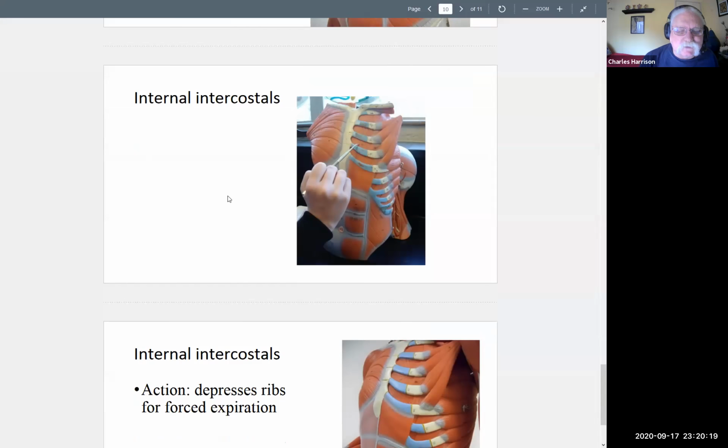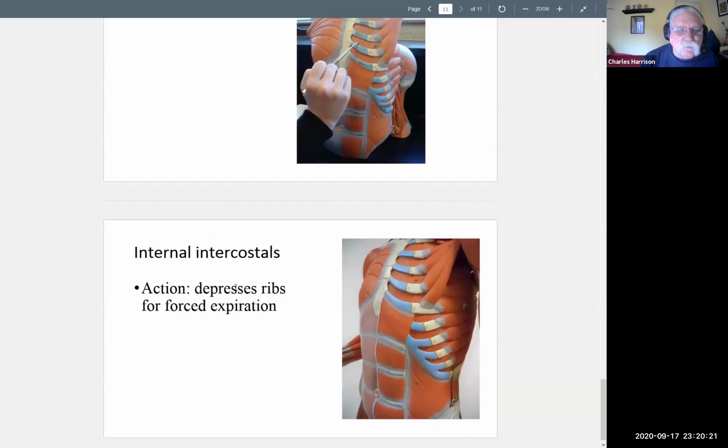or we wouldn't unless we're running or moving fast or exercising. Because in order to exercise, you have to breathe faster, you have to breathe in faster. And the only way you can breathe in faster is if you get the internal intercostals to reset everything, to quickly pull the rib cage back down again and force the air out.